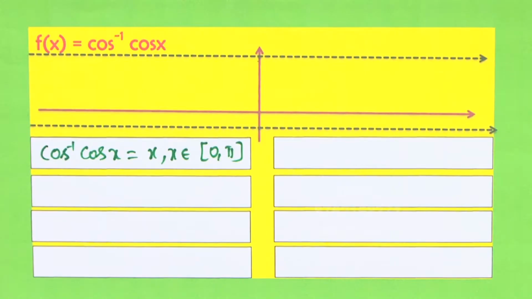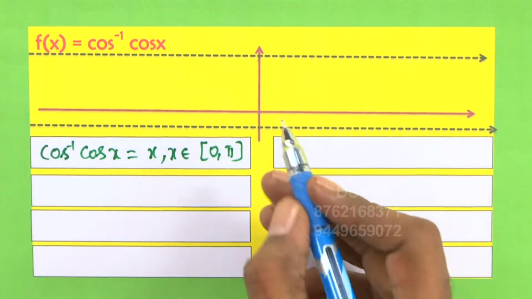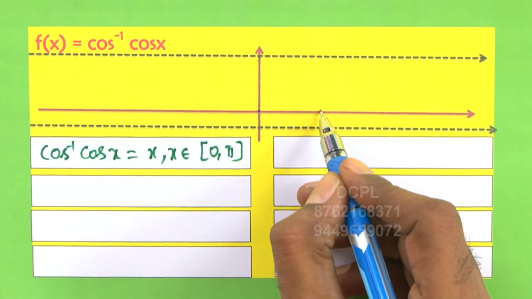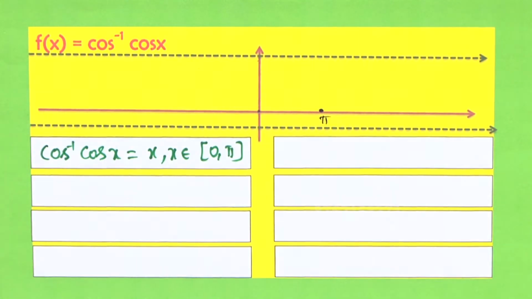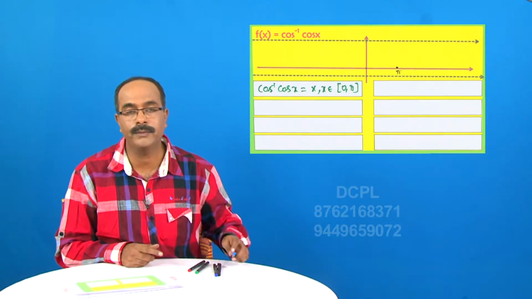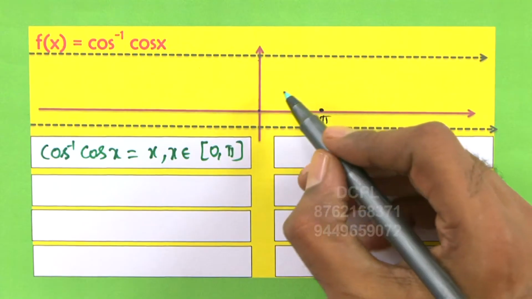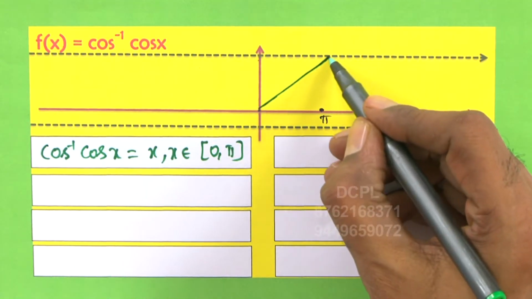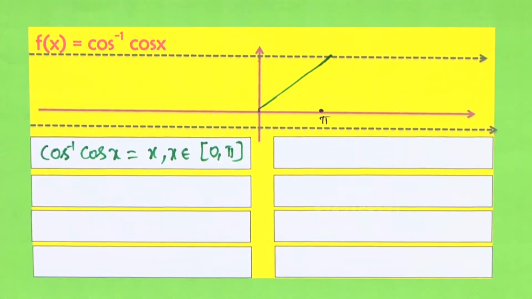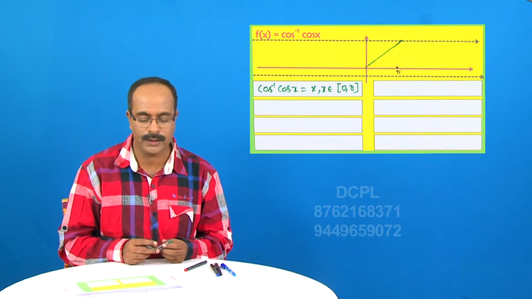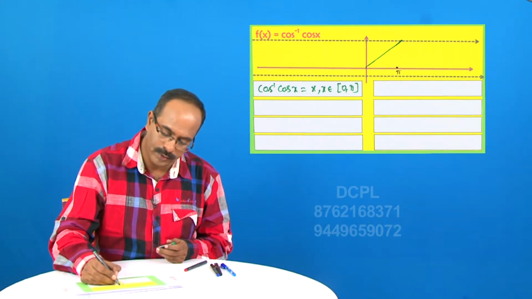Anyway, coming back, cos inverse of cos x is equal to x if x belongs to 0 to pi. This is 0, this is pi, right? So, it is just a straight line between 0 and pi.